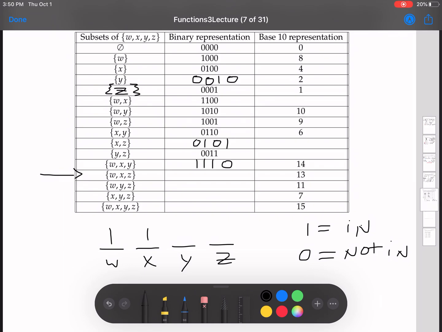So 1, 1, 0, 1. Now we've got w, y, and z. So w, no x, a y, and a z. So 1, 0, 1, 1.